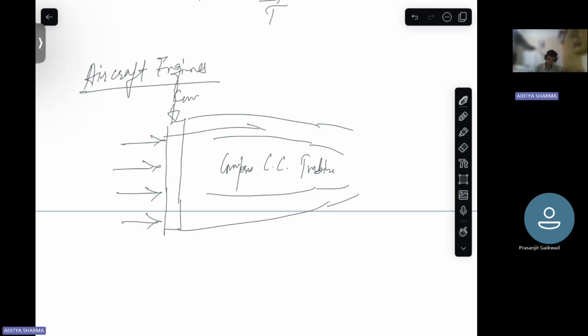Some air is bypassed. So this is your main engine, and some of your working fluid is bypassed. This doesn't follow the Brayton cycle. This basically is your turbofan engine.